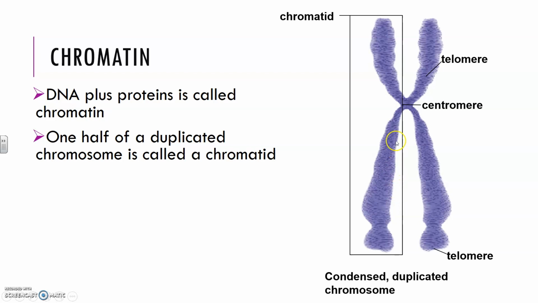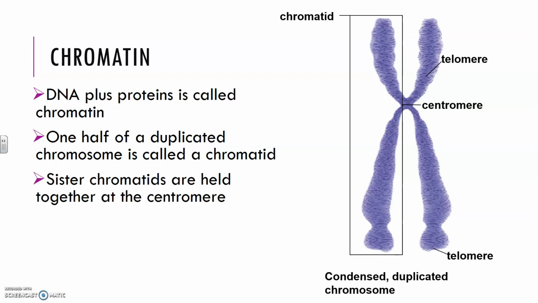Okay, so the only time you will see a chromosome in this X structure here is when it has actually been replicated. Otherwise, it just kind of looks like a wonky line. Okay. Now, sister chromatids, basically they are exact copies of the same DNA. Okay, so this is a sister chromatid to this over here.